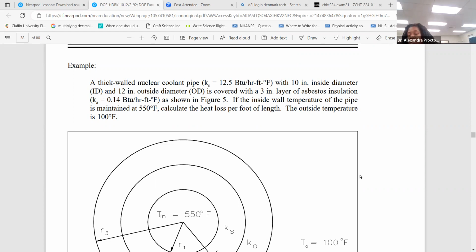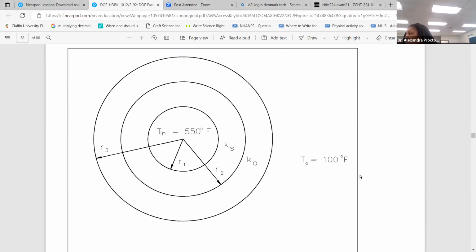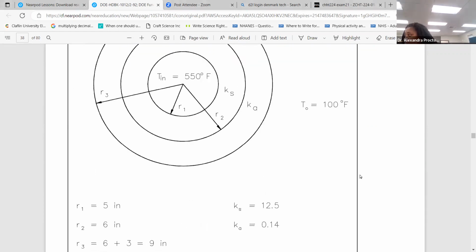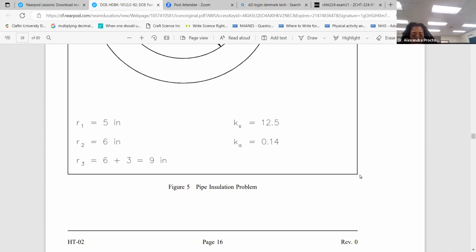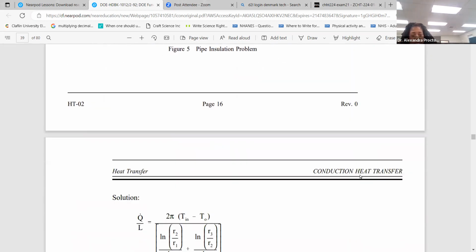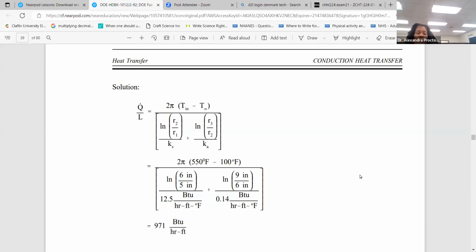So what they do is they graphically represent this particular problem, and they give you all of the knowns towards the bottom. Okay, so figure 5 just goes with the problem.